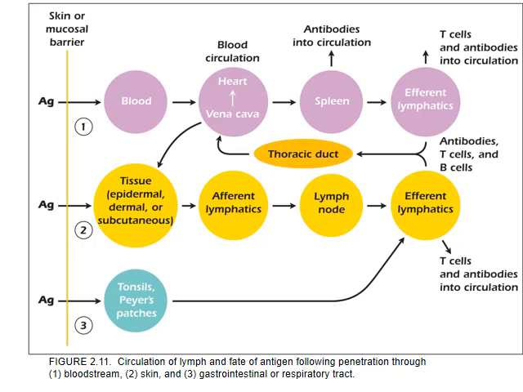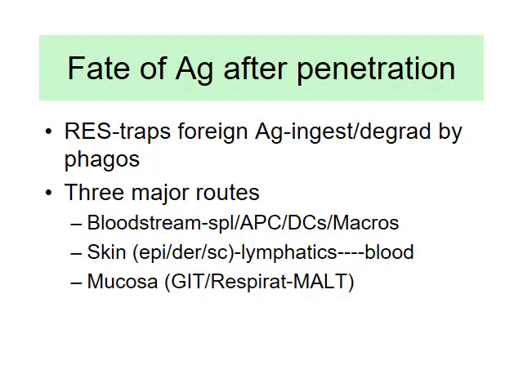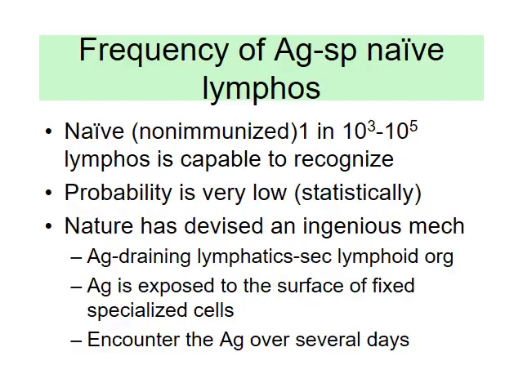That's what the whole idea is, and this basically talks about that. The other concept over here is naive lymphocytes. There's a question over there. Naive lymphocytes are those cells which have not seen an antigen as yet. They need to see an antigen to become activated as we go along.